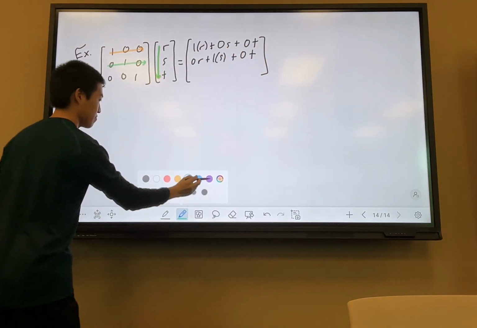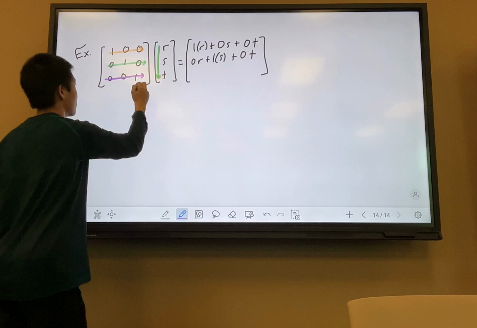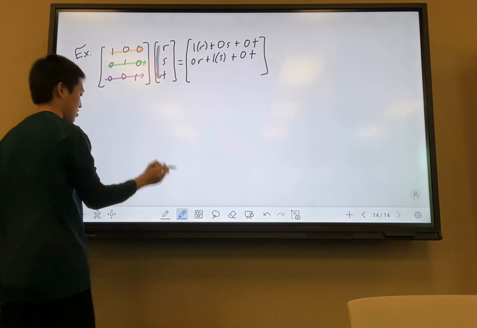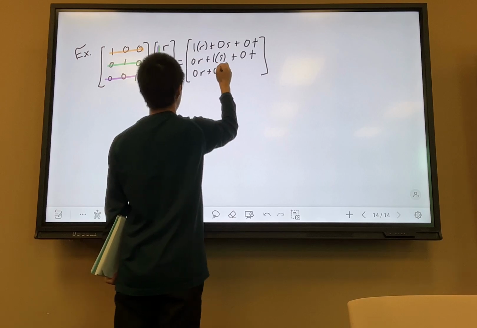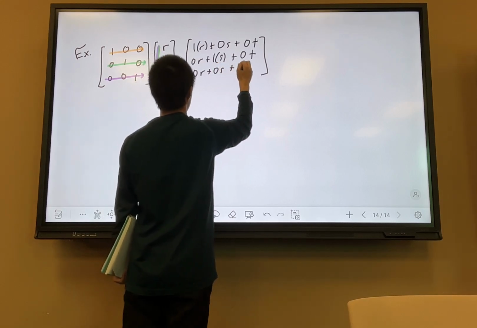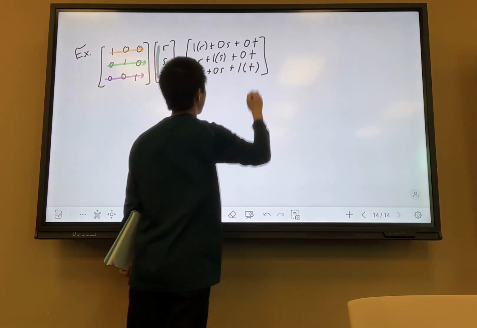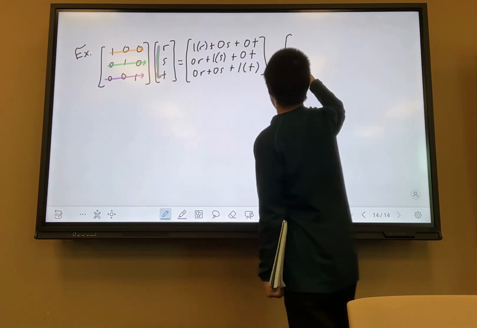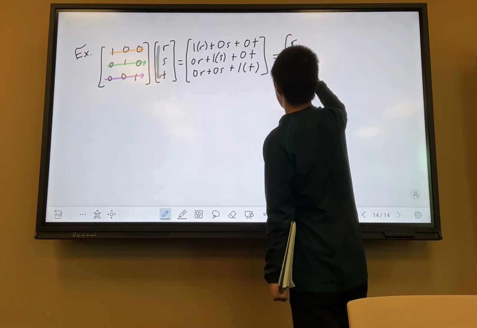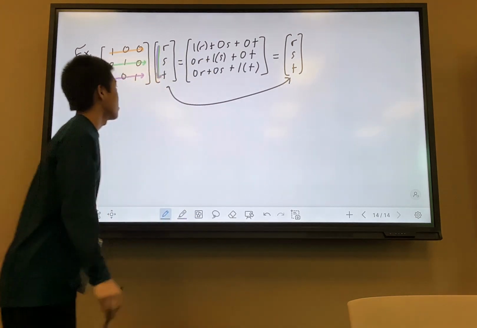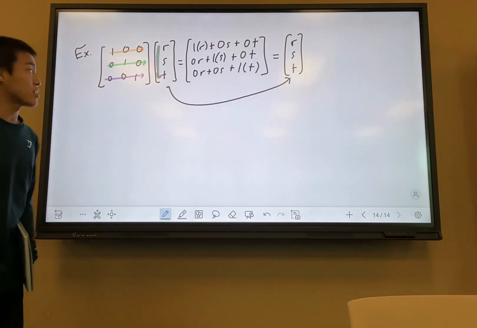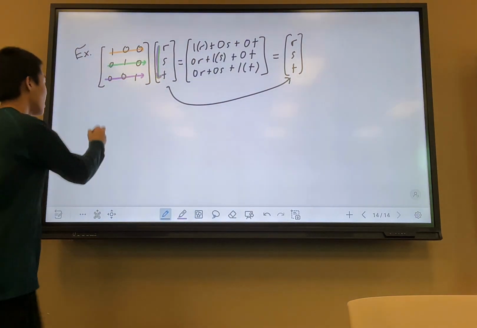And then lastly, left to right, top to bottom, the dot product here, 0 times r plus 0 times s plus 1 times t. And really all I've done is I've created r, s, t again, which is exactly the same. So this matrix didn't do anything to my vector. Interesting. Let's look at it again.